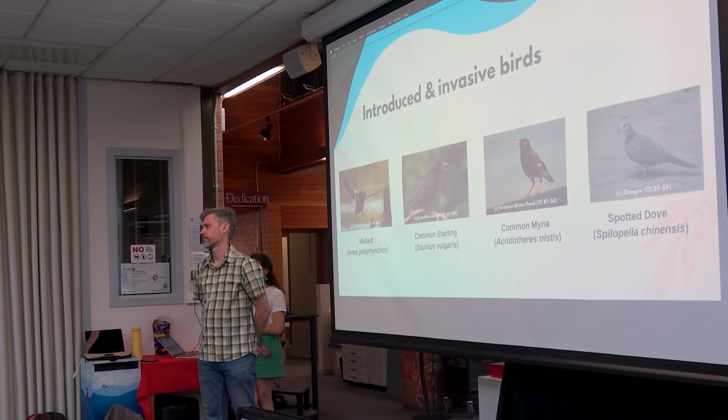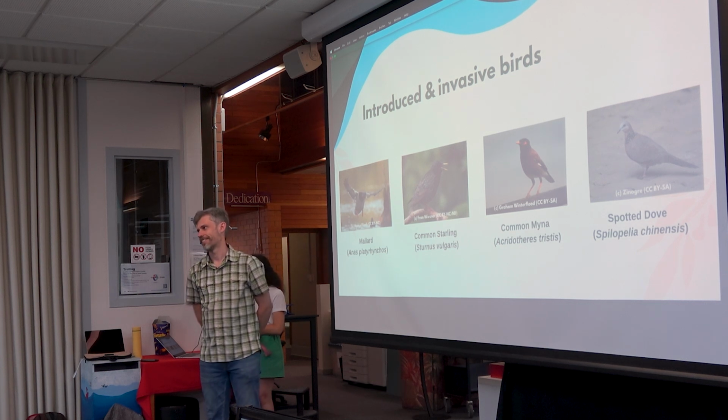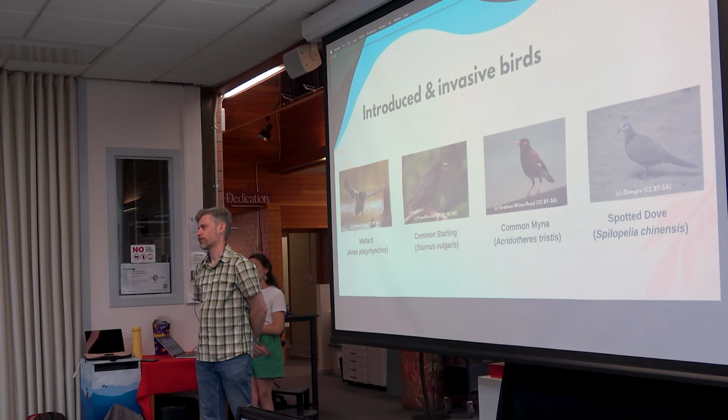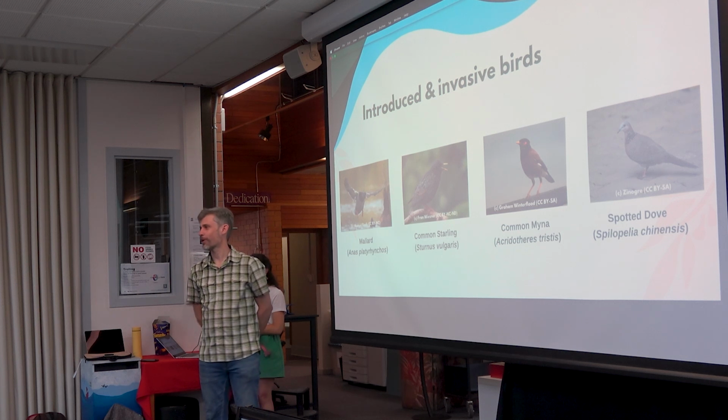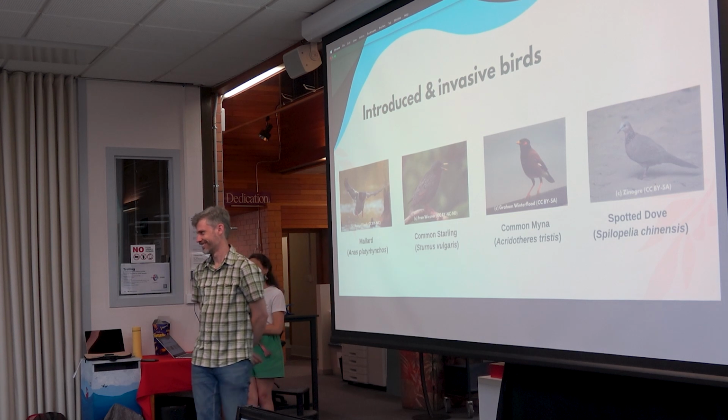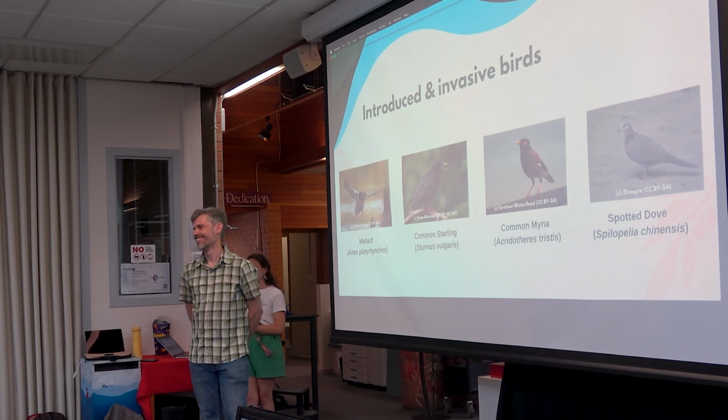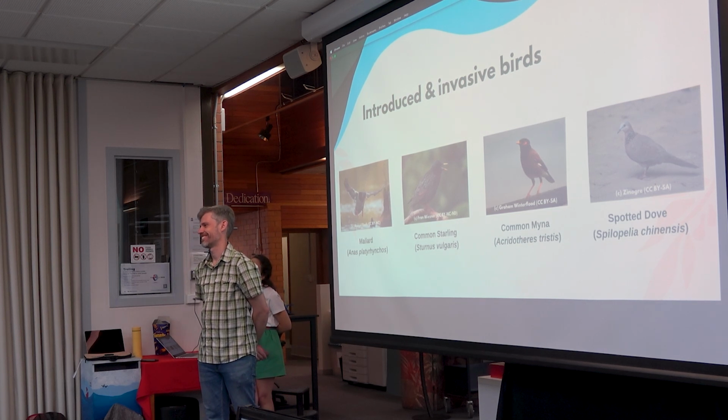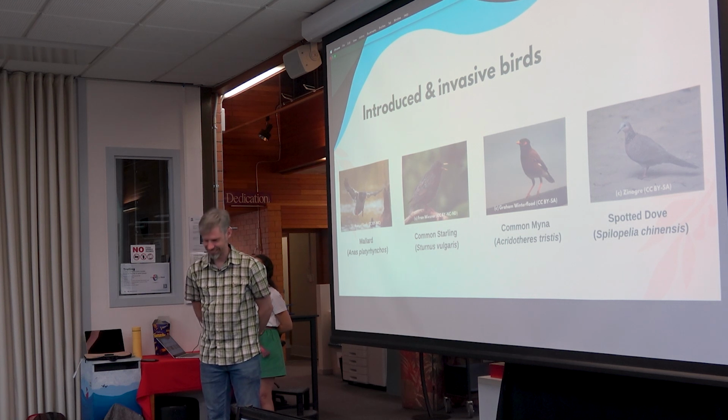Back in the day, I thought the common miner was called the Indian miner. Or is that a different species? It's exactly the same species. Yeah. So the noisy miner probably got a new common name because it's more politically correct. So noisy miner is the Australian bird. Yes. Common miner is. That's right.